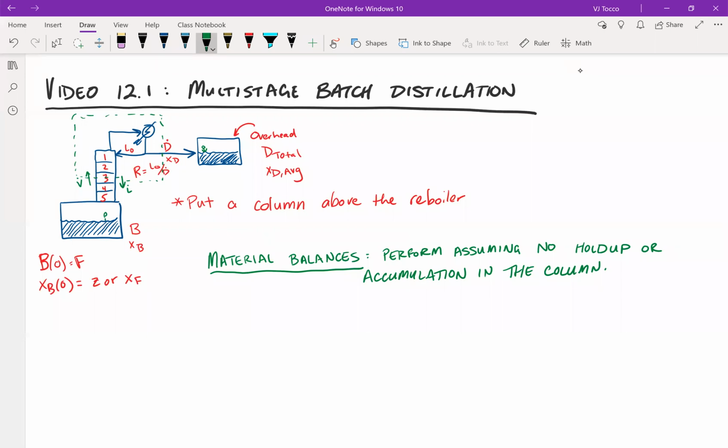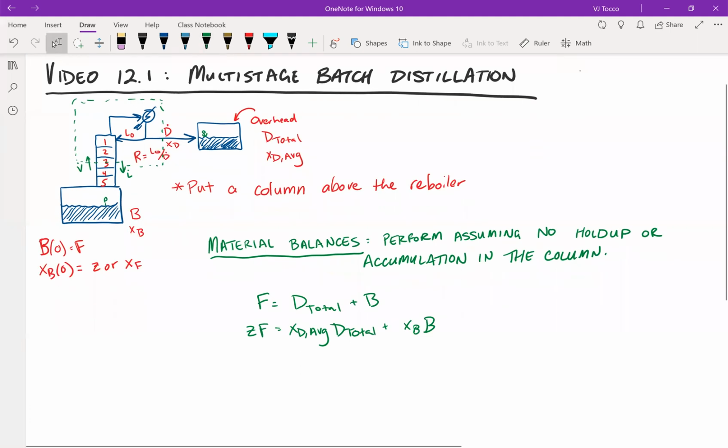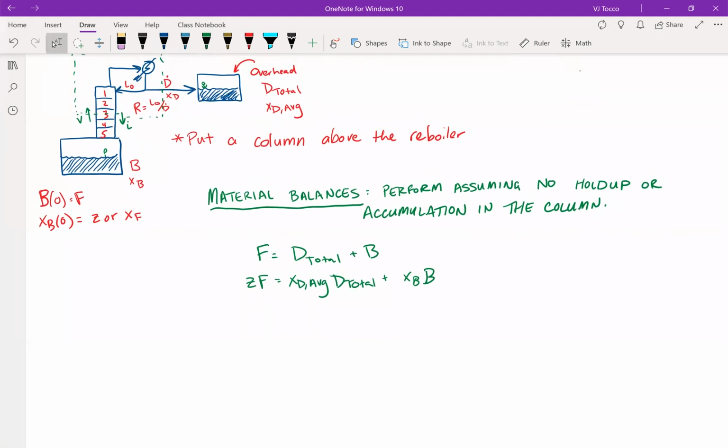So the overall material balance is, once again, F is equal to D total plus B, and ZF is equal to XD average times D total plus XB times B. And then because we need some more equations here, if you remember in the Rayleigh equation, we did a differential balance inside the column. I'm going to do something similar.